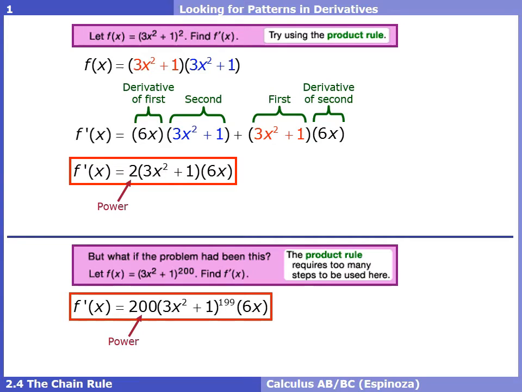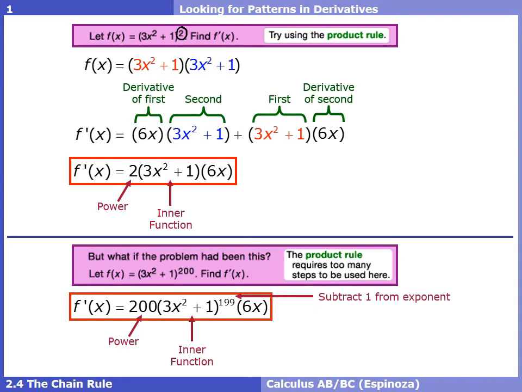Next, we have what I'm going to call the inner function, so to speak. 3x squared plus 1 is inside this power of 2, or in the second case, the power of 200. So you'll notice in both of our answers, we have that appear.